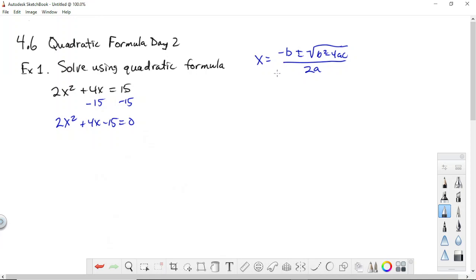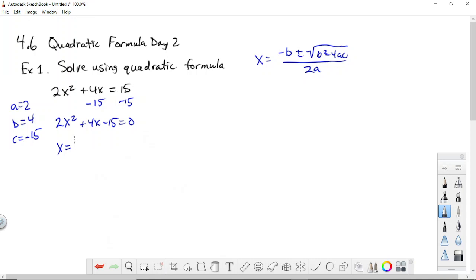We'll look at our equation and identify A, B, and C so we can plug in. A is 2, B is 4, and C is negative 15. We brought it over to the right side of the equation, so it's ready to go.